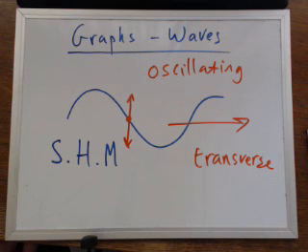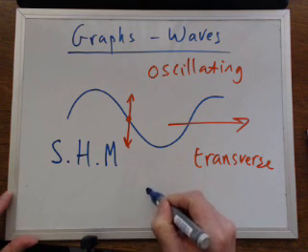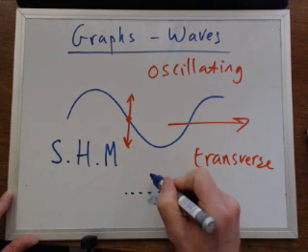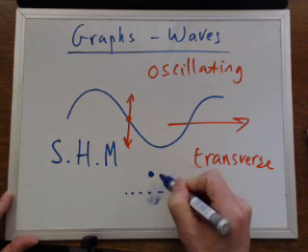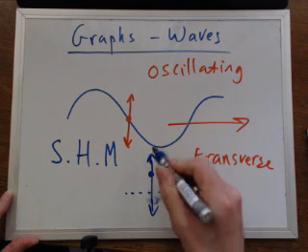Simple harmonic motion is a motion in which at every point in its path there will be a force acting towards its equilibrium point. Say this is the equilibrium, the middle of the path of the particle, and this is its complete path up and down.